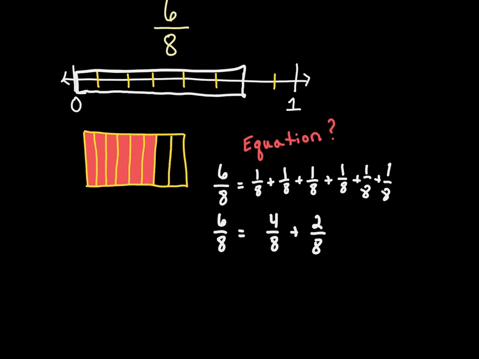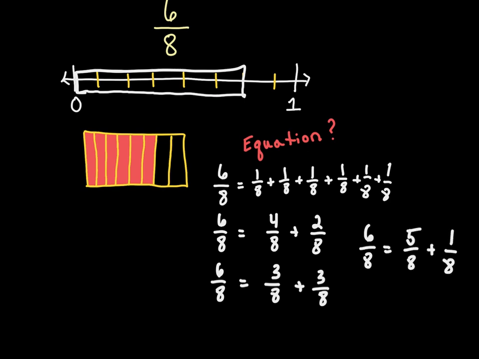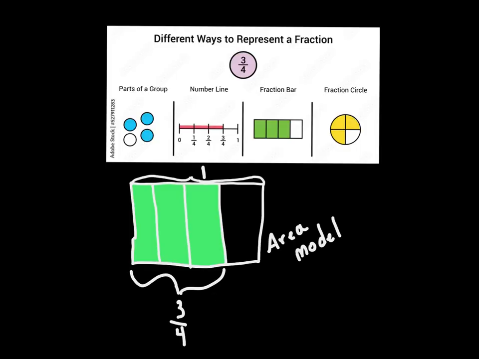We could also say 6/8 is equal to 3/8 plus 3/8. You could have 6/8 is equal to 5/8 plus 1/8. There are different ways of decomposing 6/8. Different ways to represent a fraction.